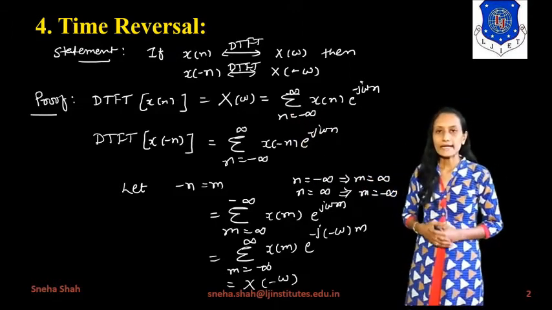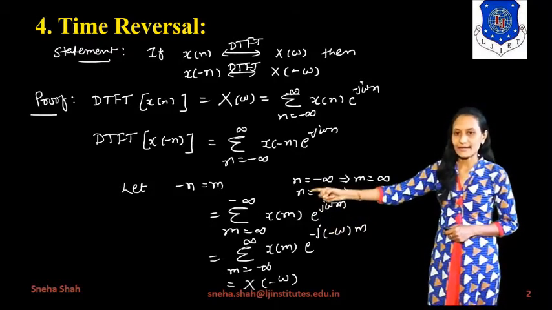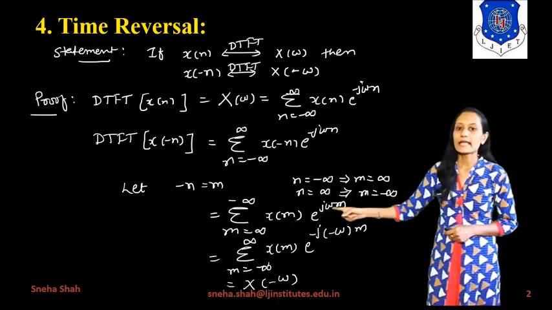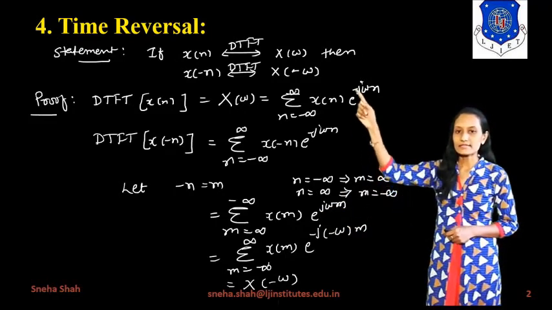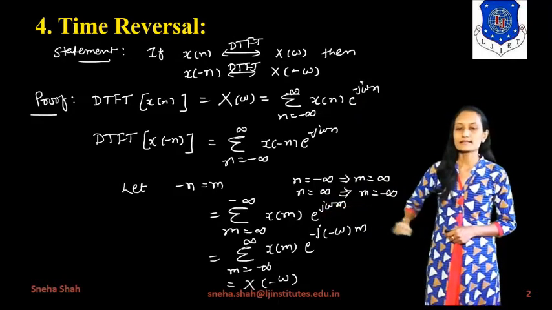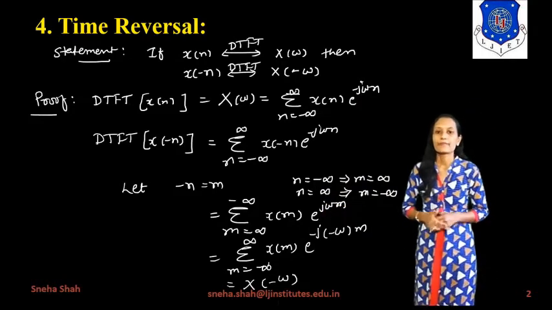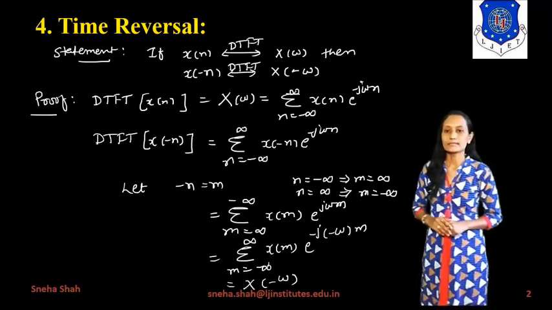So we write the next equation as summation m equals infinity to minus infinity x of m into e raised to j omega m. Instead of this minus n, we consider it as m. So this minus sign is removed after shifting it into the other variable.